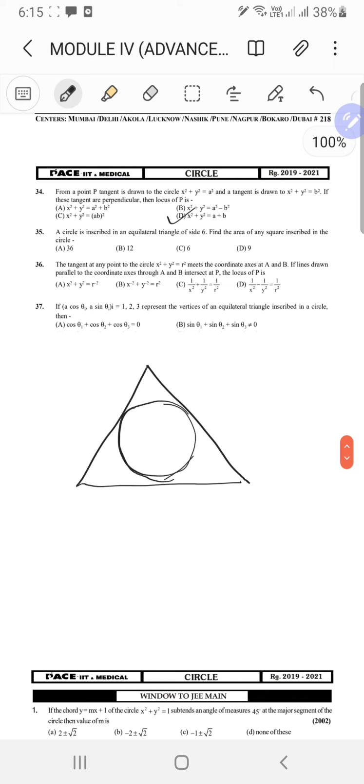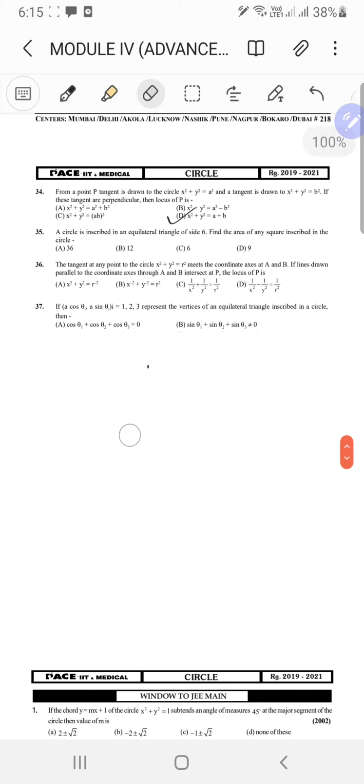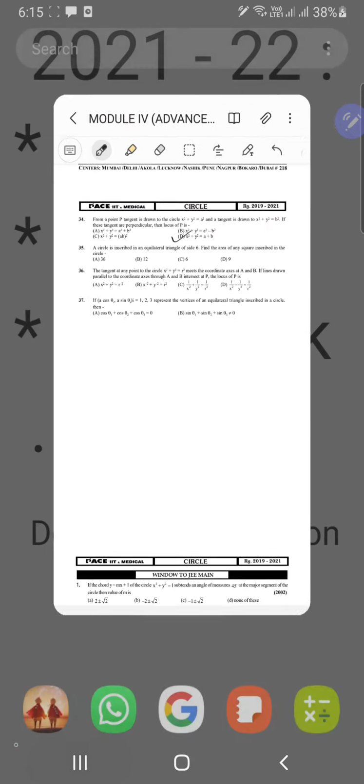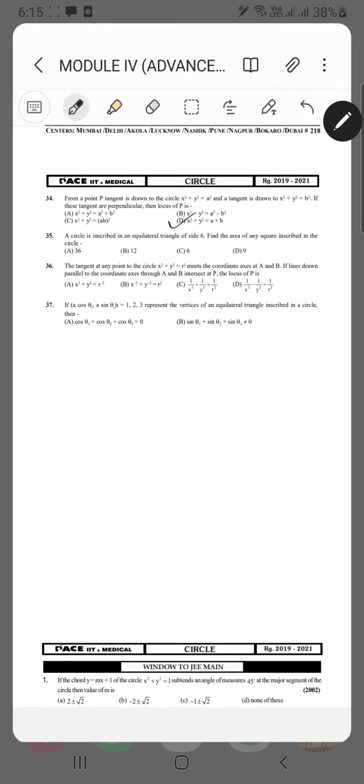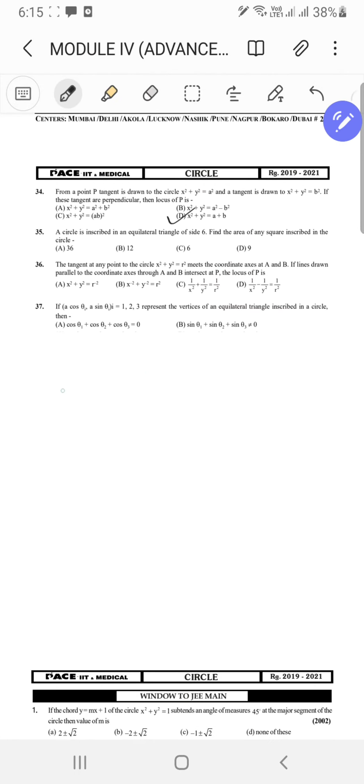So hey, wait a second, why do we even do all that? What's the area of that equilateral triangle? The area of that equilateral triangle is square root of 3 by 4 into side squared, which is 6 squared. But it should also be the semi-perimeter times the inradius.